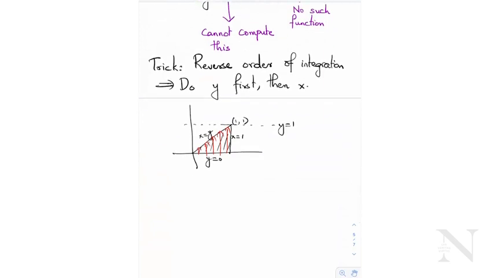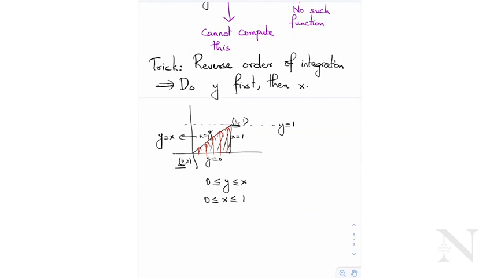What does this mean? Now, x equal to y means y equal to x. So your y goes from 0 to x, and those red arrows are going from x equal to 0 to x equal to 1. Switching or reversing the order of integration is not a free thing.